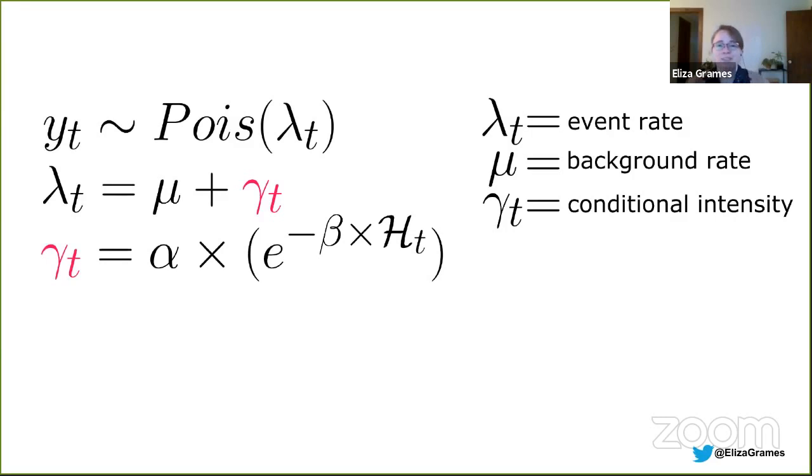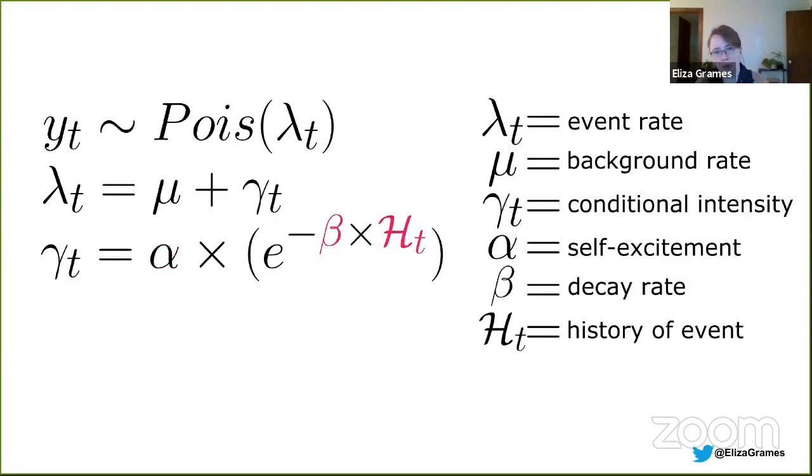And so this is the really fun part of the Hawkes model, is how you actually figure out how to incorporate the history of the process. And so the conditional intensity is based on the self-excitement parameter, which essentially is, if there is a signal and an individual can remember that signal, how likely is it to then respond, and how much does that increase the probability of response? But of course, you also have to remember the history of signals, and so we have a memory kernel.